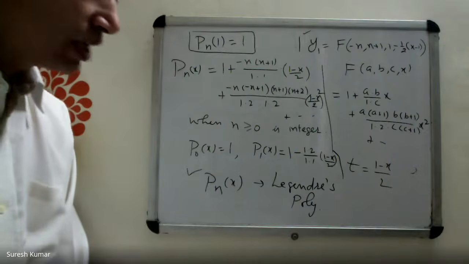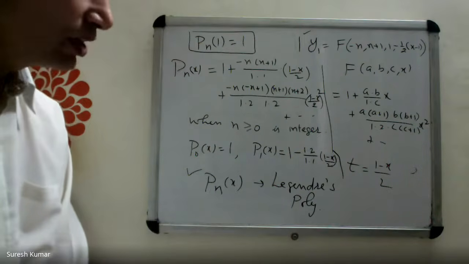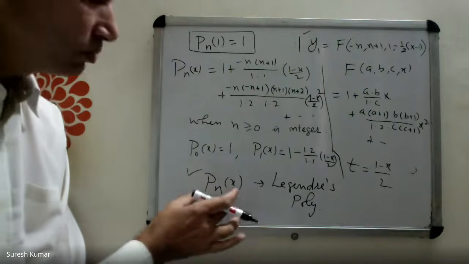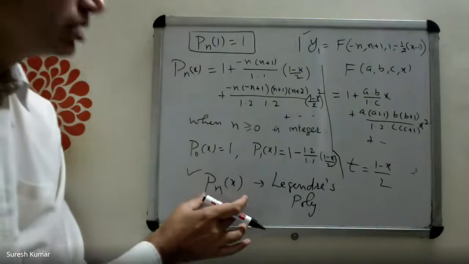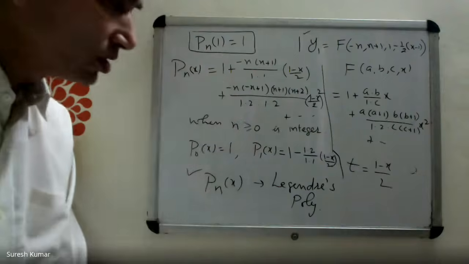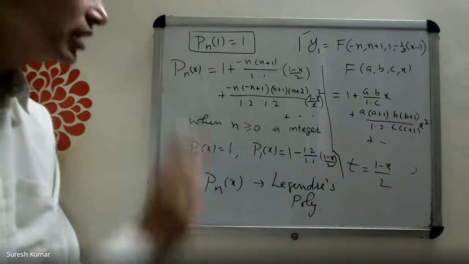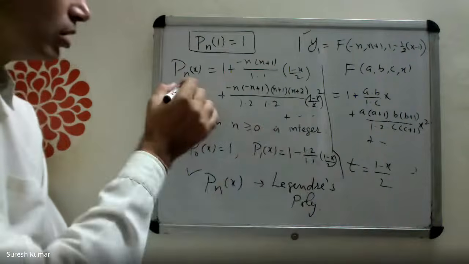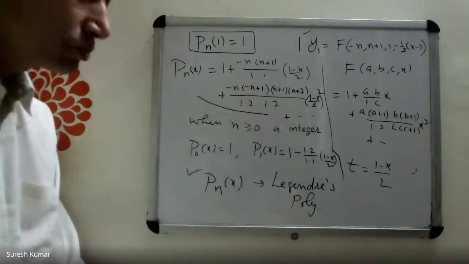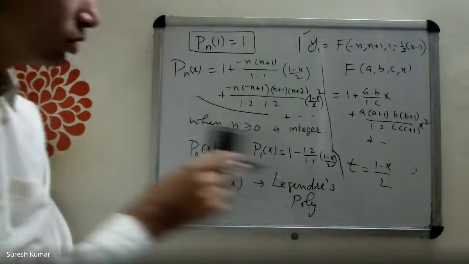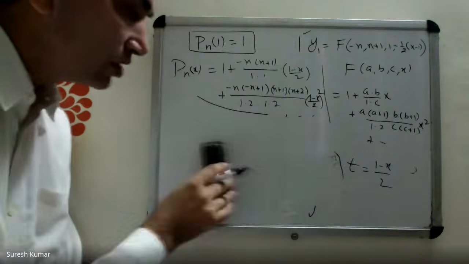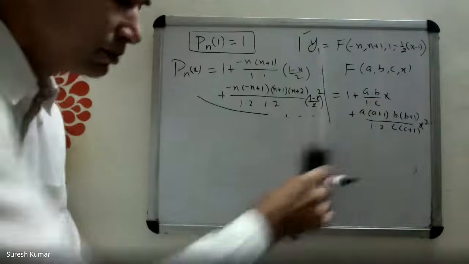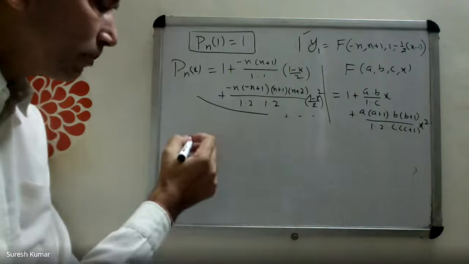So up to this step, this should be very clear to you that Legendre polynomial is denoted by Pn(x). It is a particular solution of the Legendre's differential equation. Its value at x equal to 1 is 1. Also, this expression, after a lot of algebraic manipulations in fact, can be converted into a compact formula.